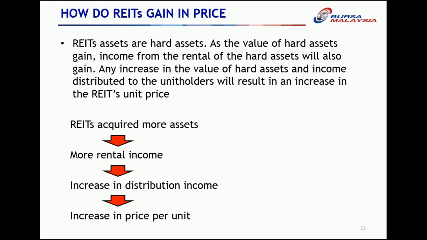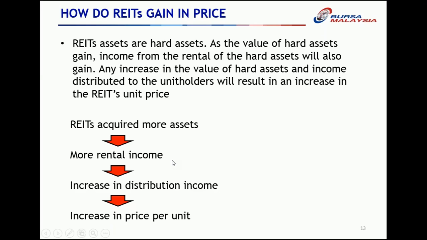So that's why you can see that REITs do not rely just on a single asset, okay. Most REITs would try to acquire new assets so that they can grow the income base, okay. And that's how REITs will acquire more assets, leading to more assets being able to enjoy rental income.